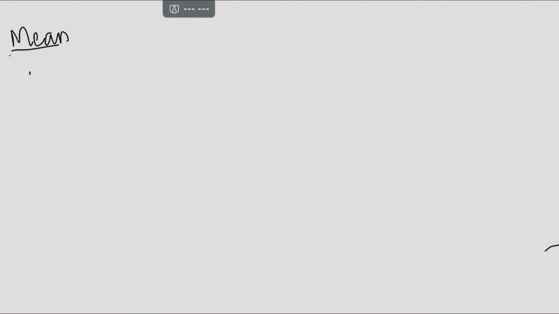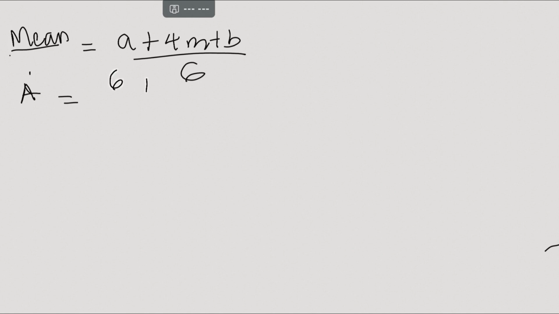Mean, as I explained before, is A plus 4M plus B over 6. For activity A, A was 6, M was 7, and B was 8, which is divided by 6, and that will give us 7.